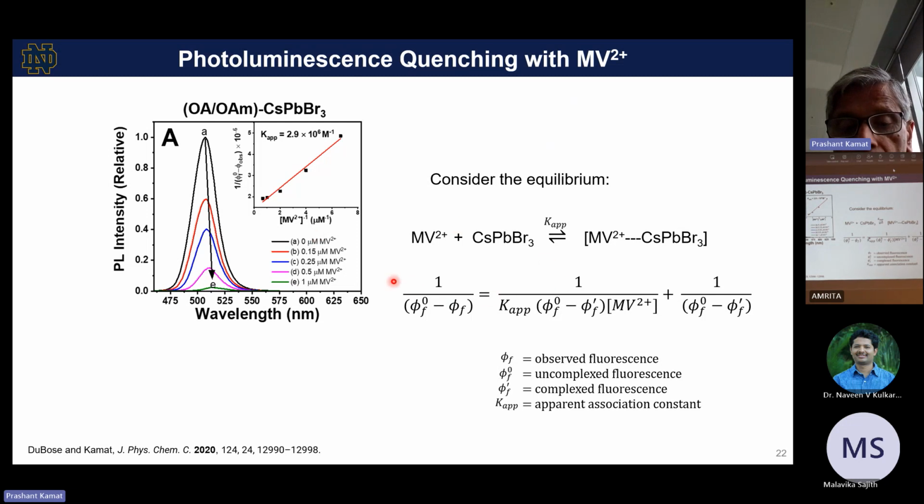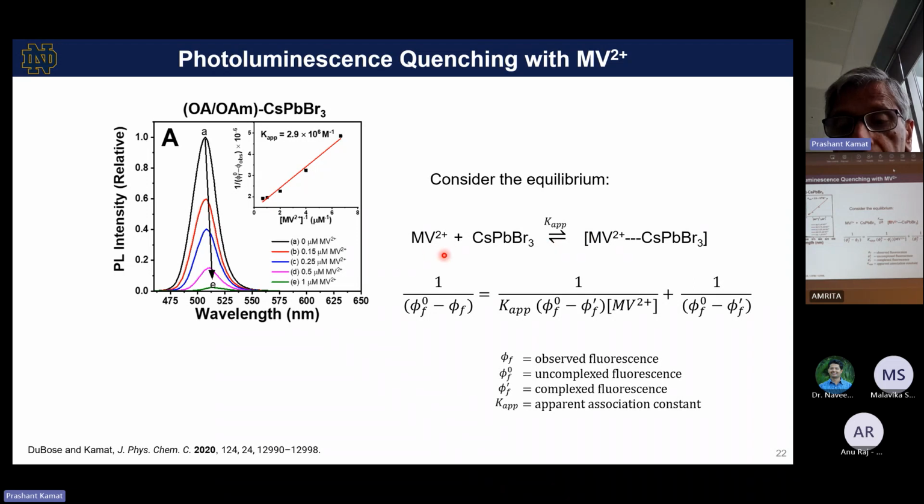So we can treat this as an equilibrium between methyl viologen and cesium lead bromide and get an expression, what you call a double reciprocal plot. From this plot, we can calculate the association constant. And typically, these are of the order of 10 raised to 6 inverse molar.